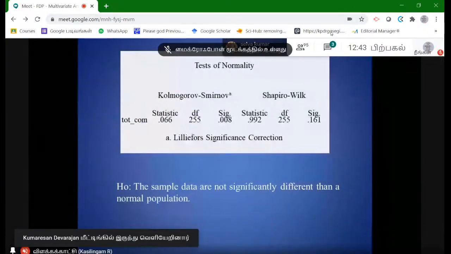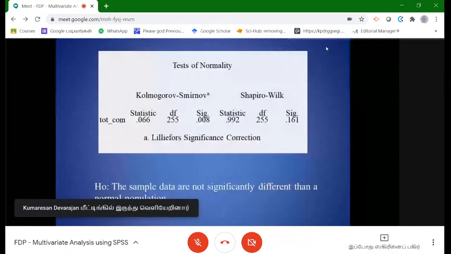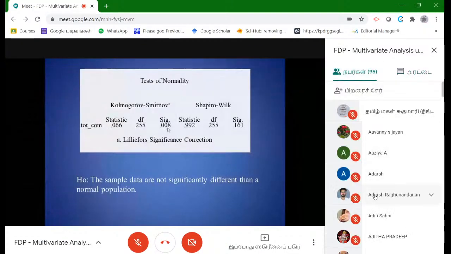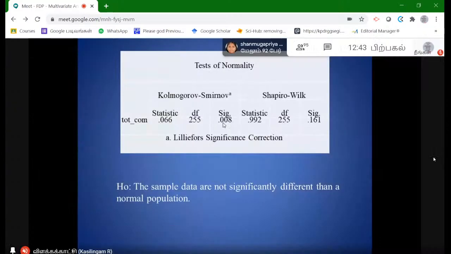Now, if you look at this, as per the test, Kolmogorov-Smirnov says the data is not normal because the significance value is less than 0.01, it is 0.008. Here it is more than 0.05. So one test says normal, another says not normal.